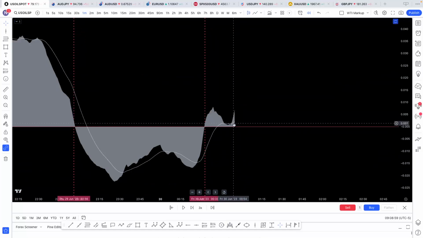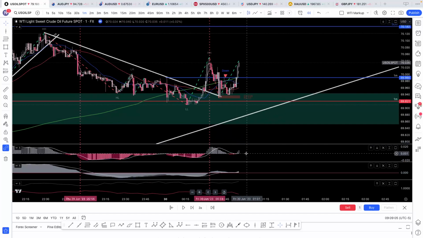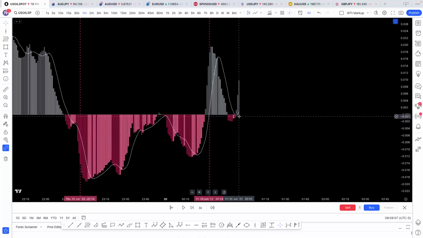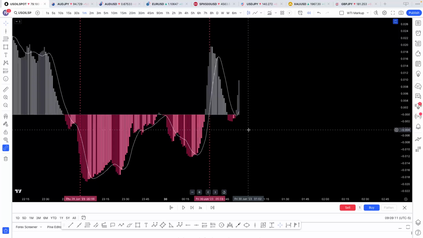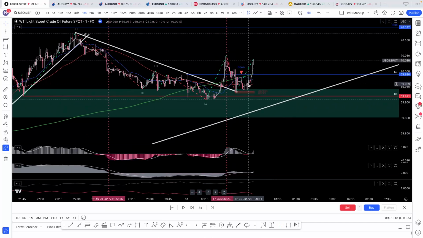The signal line is in the area. I've got the MACD break as well as the signal line being in the columns there. Price is above all of my moving averages.